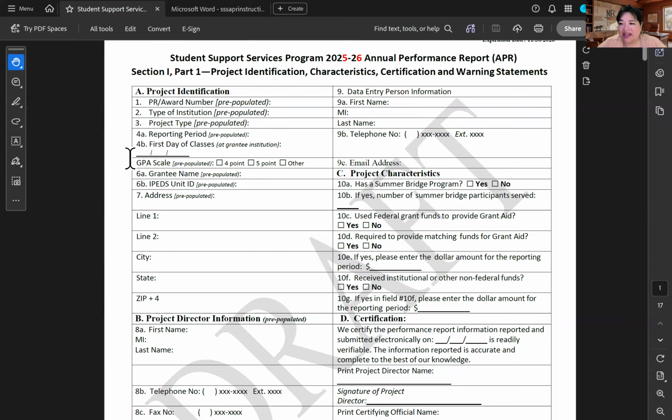I hope that answered your question, but 4B on this form and also in the instructions will tell you that you have to go by whatever is the first day of fall classes. And in this case, for the APR for fall 2025, for 25-26, it would be fall of 2025, whenever your classes started.